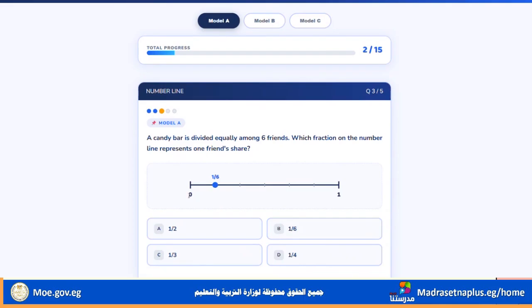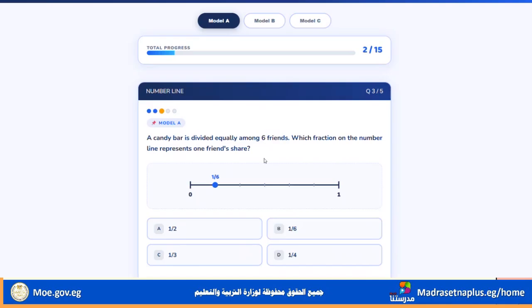This number line splits into 6 equal parts. 1 part, 2 parts, 3, and so on. So this part represents what? A candy bar is divided equally among 6 friends.